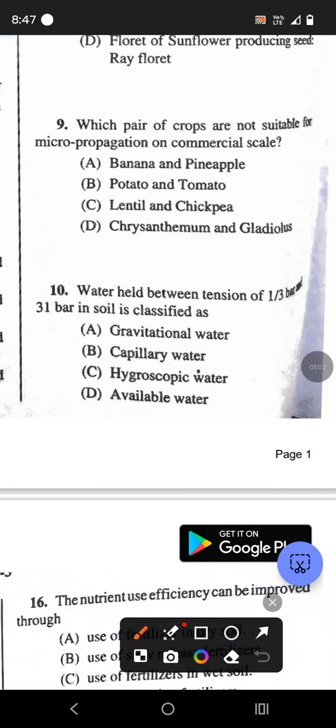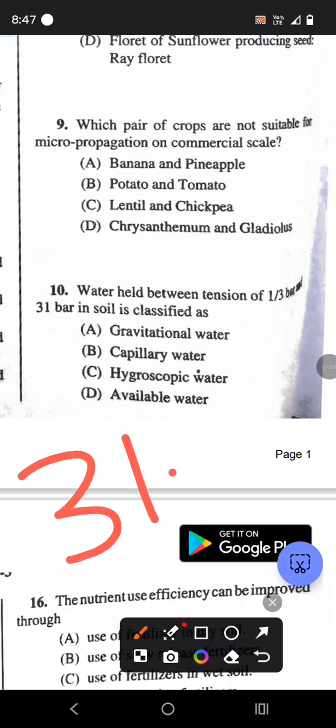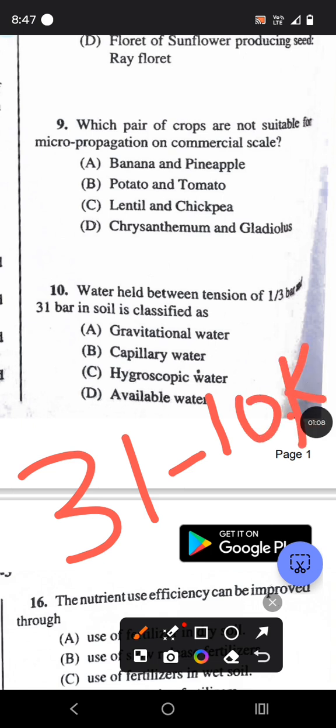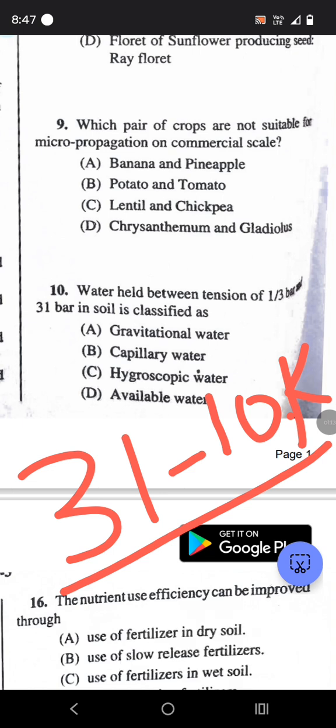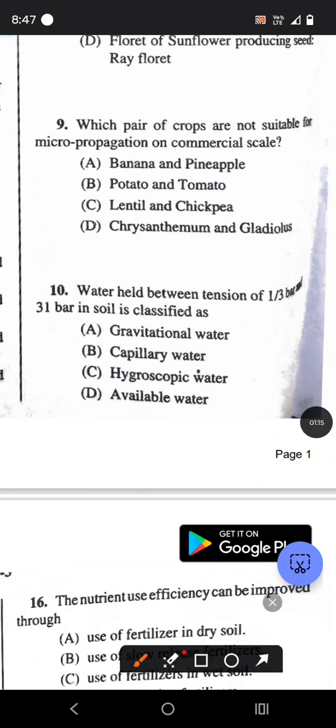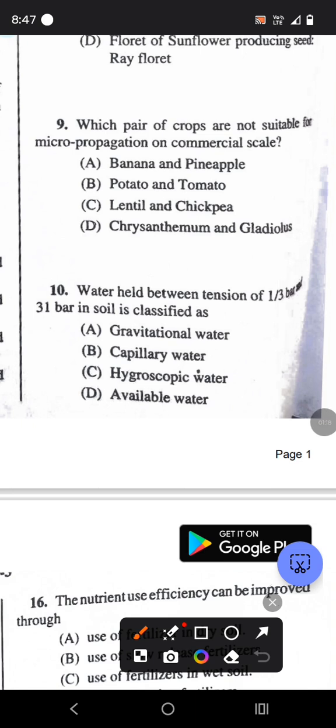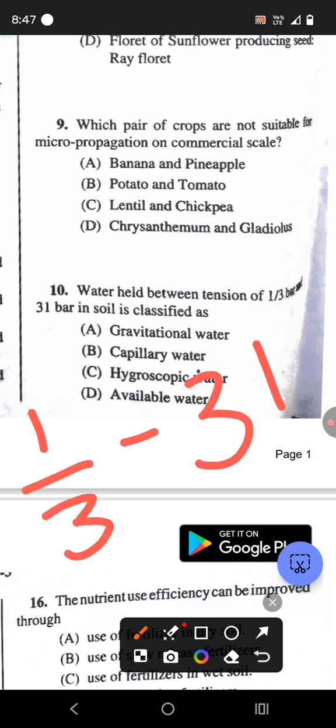And for hygroscopic water, the pressure is 31 to 10,000 bar. For capillary water the pressure is 1/3 bar to 31 bar.